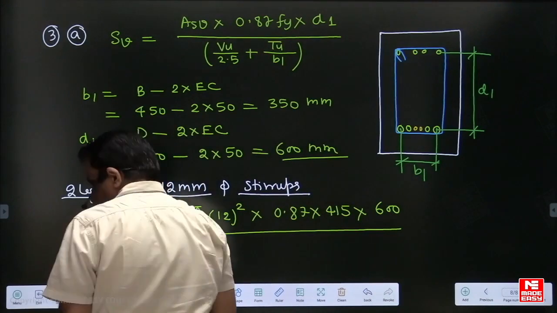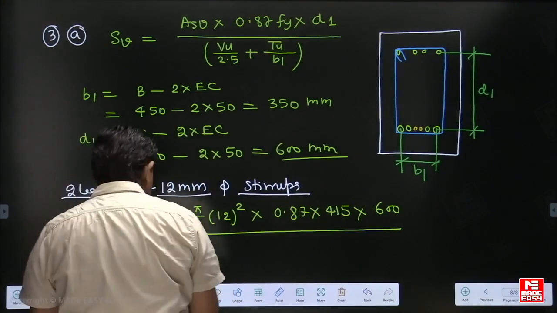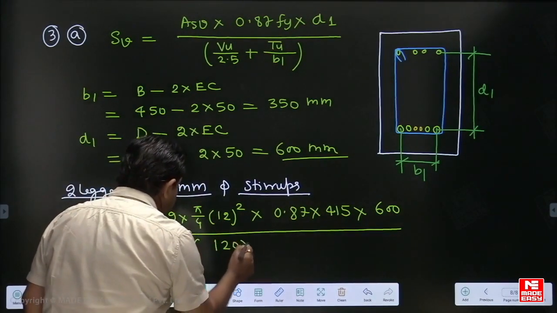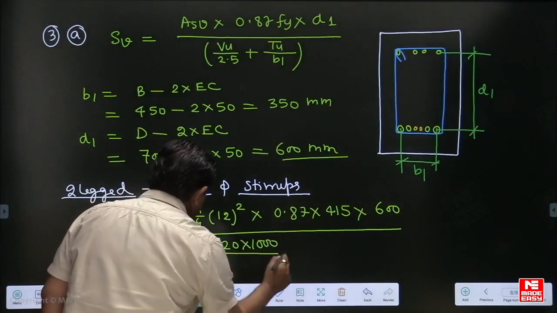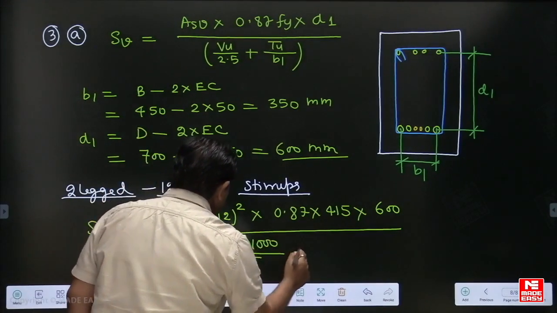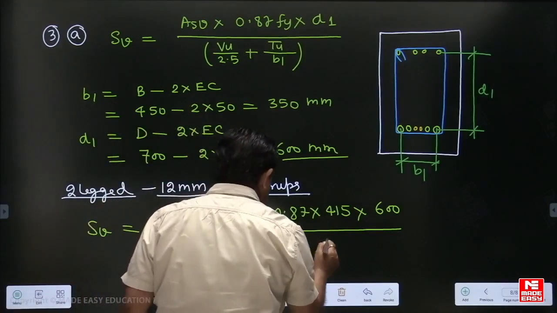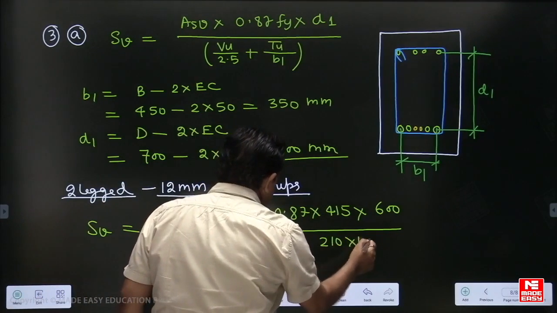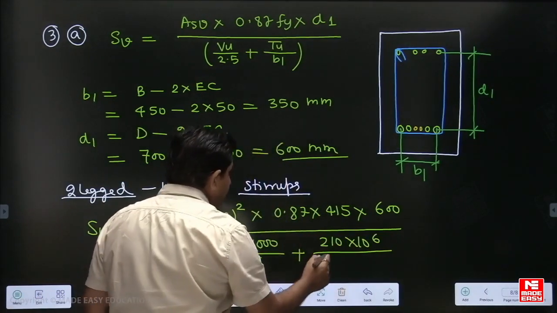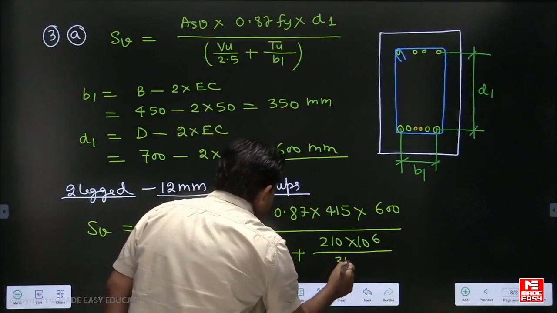How much is Vu? Vu is 120 kilonewton. So 120 into 1000 you can write, divided by 2.5 plus Tu is 210 into 10 to the power 6 divided by B1 is 350.